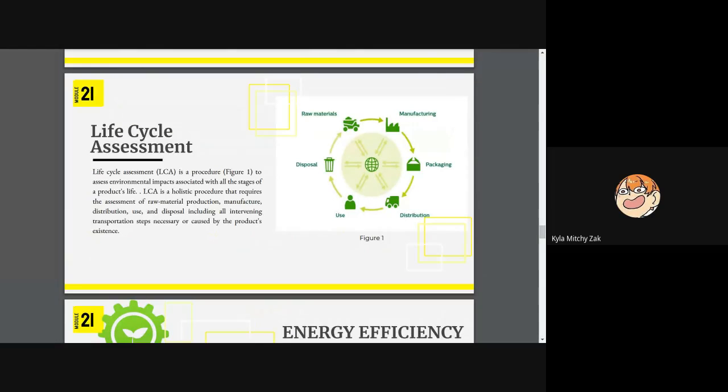So the life cycle assessment is a procedure to assess environmental impacts associated with all stages of a product's life. They assess all parts starting from the extraction of raw materials to its processing as commercial construction materials. They assess its packaging, its distribution, its use, and the effects of the material's waste, whether from its production or from its use. This is especially important because the components often affect one another.